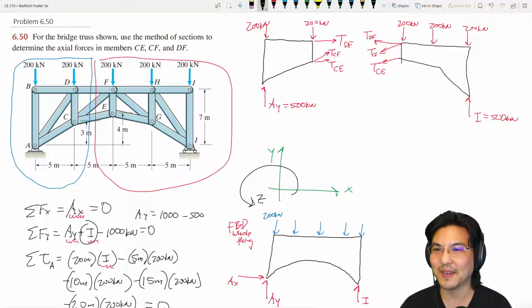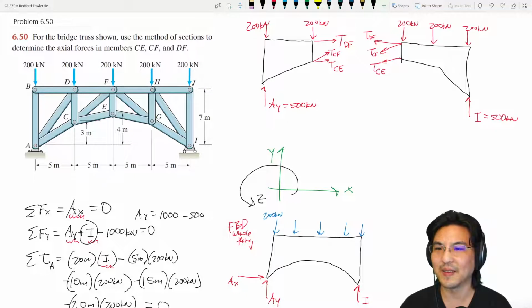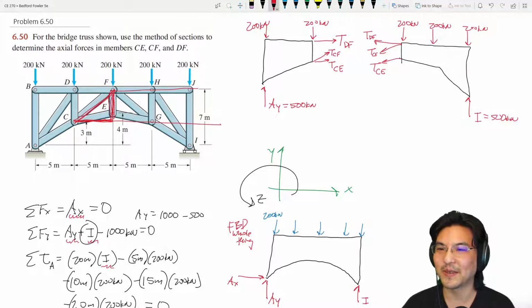Okay, so if you look at, let me erase some of this. Okay, let's focus on this triangle right here. See this triangle right here? Okay, so the base is 5 and the height is 7 minus 3 is 4.